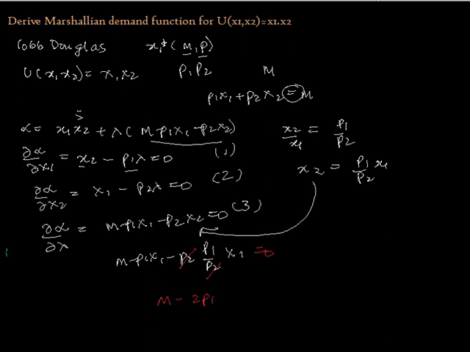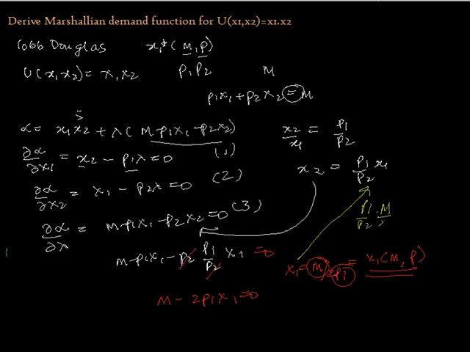m minus 2 p1 x1 is equal to 0, which in terms of x1 gives m by 2p1. You can see that this x1 is a function of income and of prices, and this is your Marshallian demand function. Now if you substitute this x1 here, you get p1 by p2 into m by 2p1.